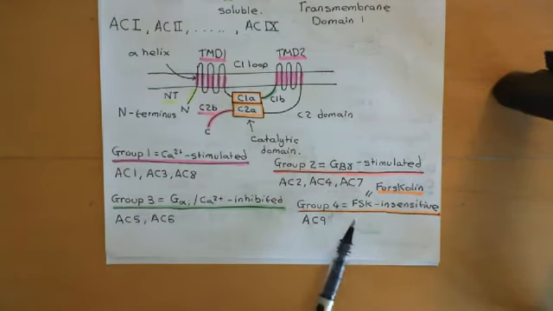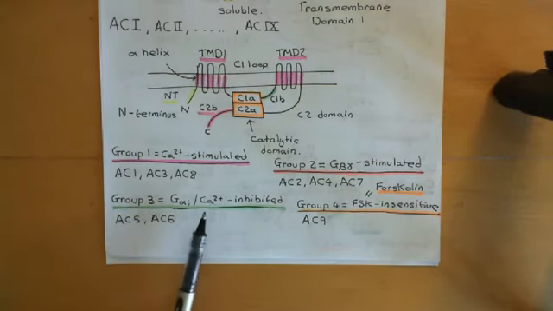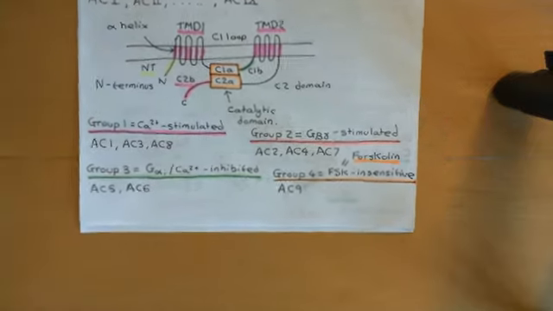We've done group 4 adenylyl cyclases long ago. We've discussed how the group 3 adenylyl cyclases are inhibited by G-alpha I/0 subunits, but we haven't yet discussed how calcium inhibits the group 3 adenylyl cyclases, so it's that I now want to turn my attention to.